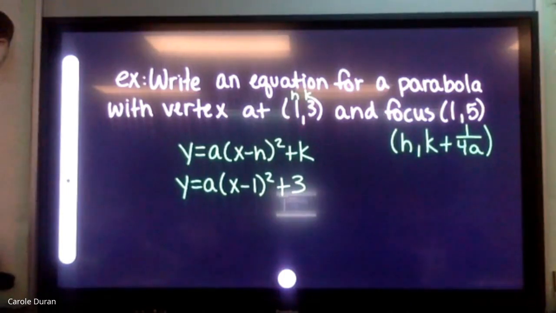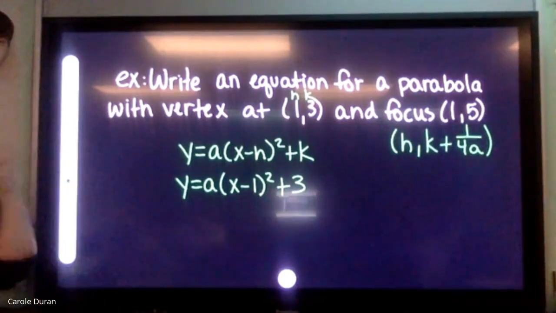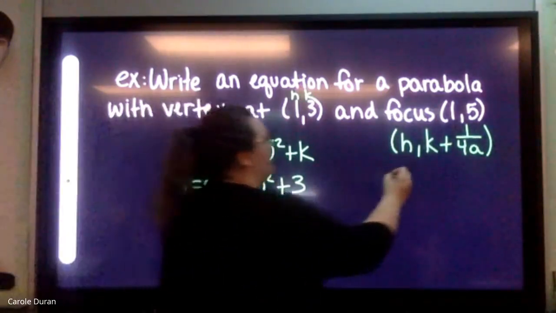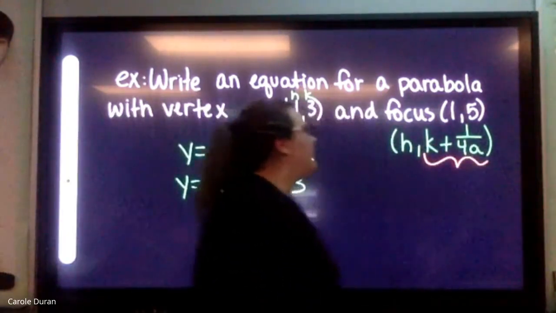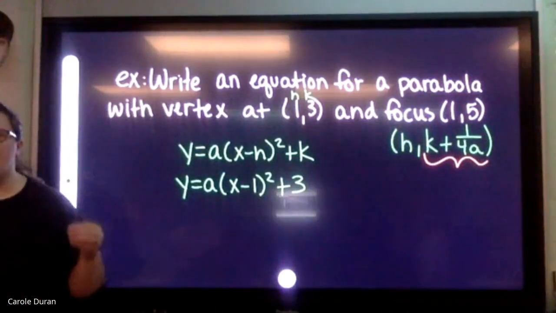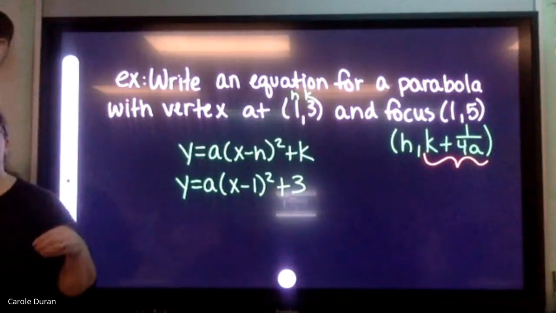How in the world am I going to solve for my a value here? So I need to use the fact that the y coordinate of my focus equals k plus 1 over 4a.